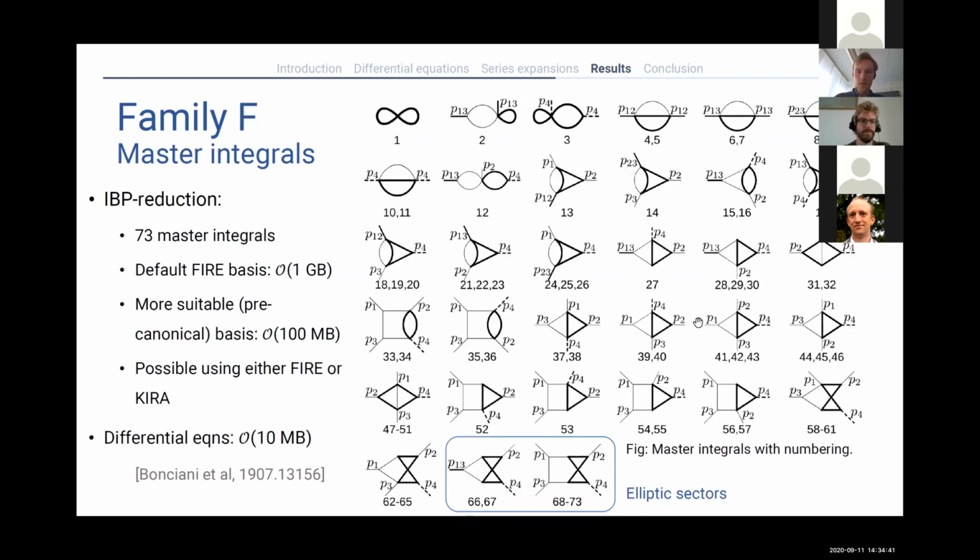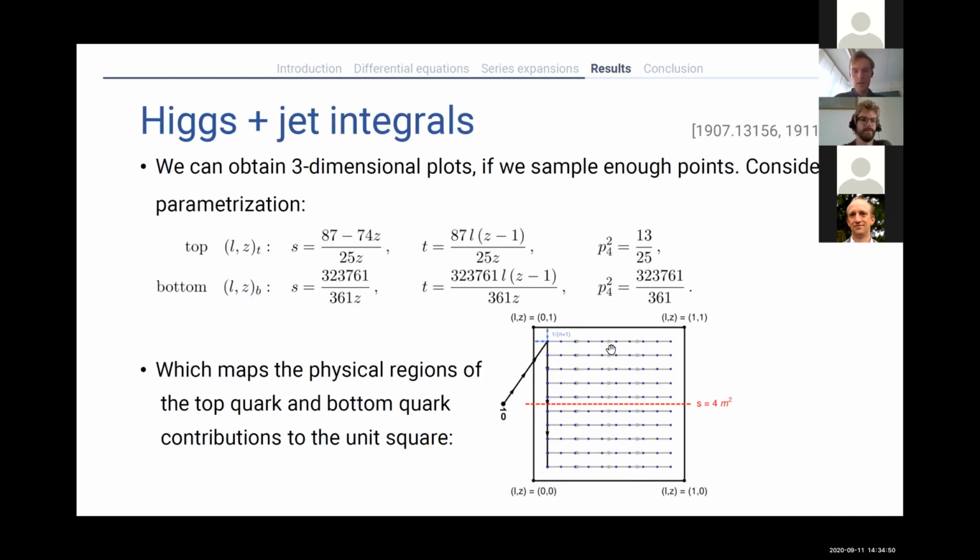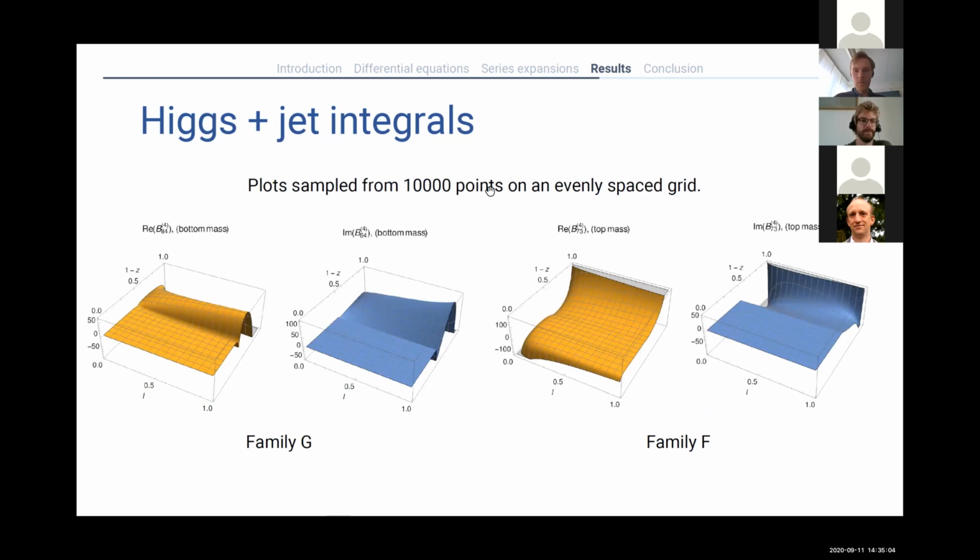This family has some elliptic top sectors, and the same for family G, which makes it very hard to compute these. But using some private codes that we had at the time, not just mine, multiple people in our collaboration had codes to compute these things, we managed to obtain some very nice three-dimensional graphs and compute these integrals in a way that hadn't been possible before.